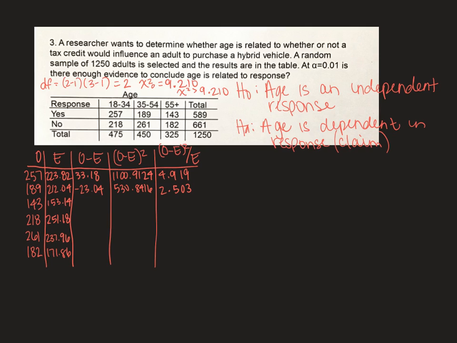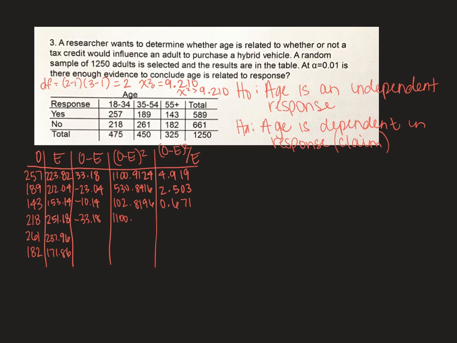143 minus 153.14 is negative 10.14. Squared is 102.8196. Divided by 153.14 gives me 0.671. 218 minus 251.18 is negative 33.18.